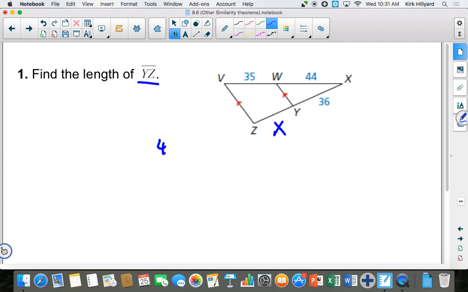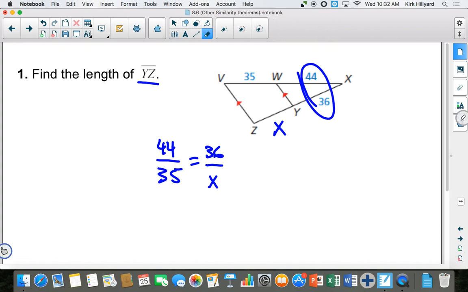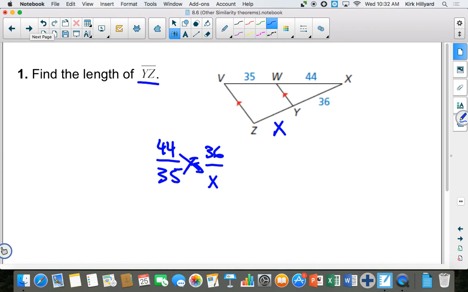So we can go 44 is to 35 as 36 is to x. Now notice that we pair these two up because they're dealing with this proportion. They're both on top, and these two are both on bottom. Okay, just keeping that in mind as far as top and bottom is concerned. And then we would cross multiply: 35 times 36 equals 44 times x.